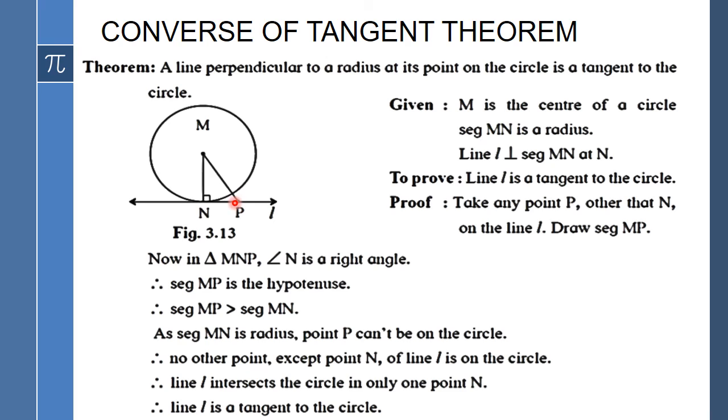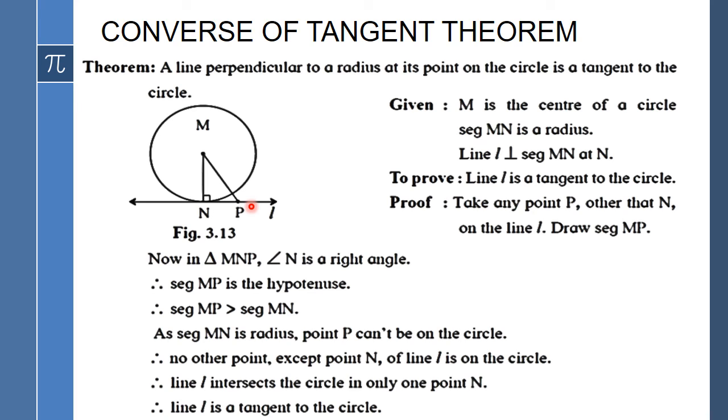So except N, if you choose any other point on the line L, say Q over here, then MQ will be greater than MN by the same reason, and again Q will be outside the circle. So any other point on the line L other than N will never lie on the circle.